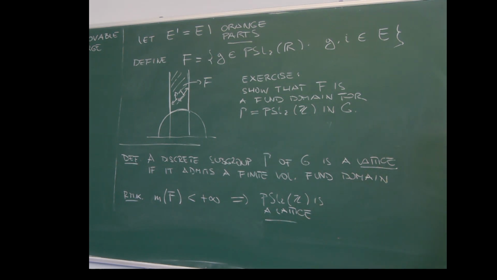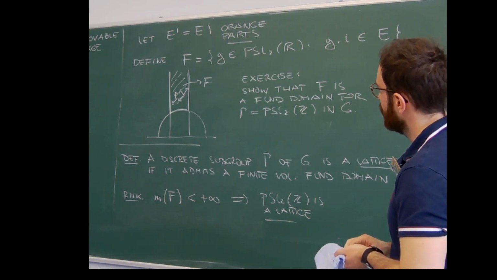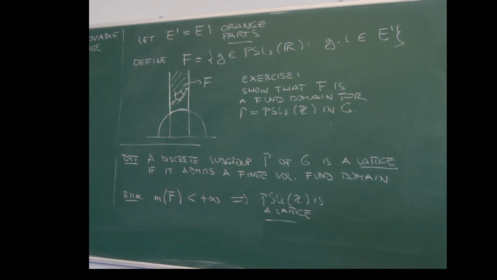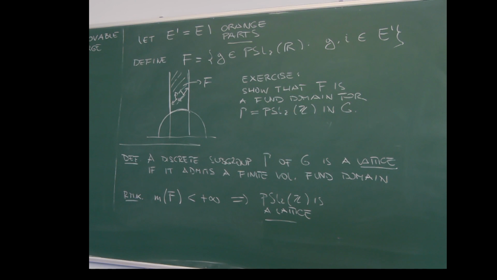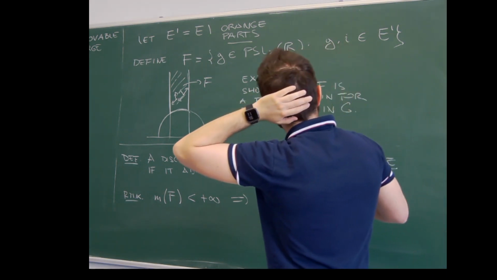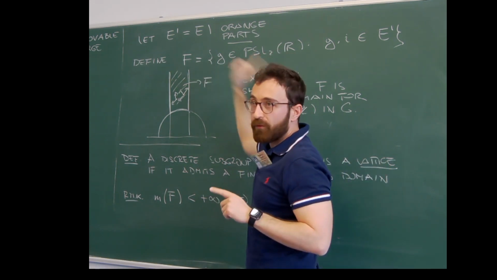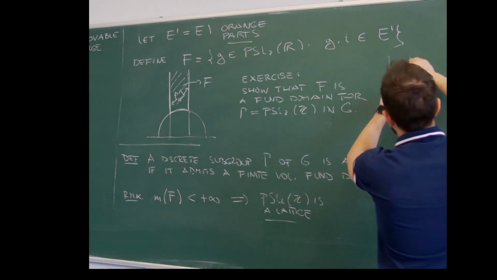I'm sorry, a question. So F is defined like G and I are on E or E prime? Oh, good. And what is the problem if you take E? What doesn't work? So the tiles are not disjoint. You could have two G's in this F if you put E that give you the same set. Remember, I got rid of this line.